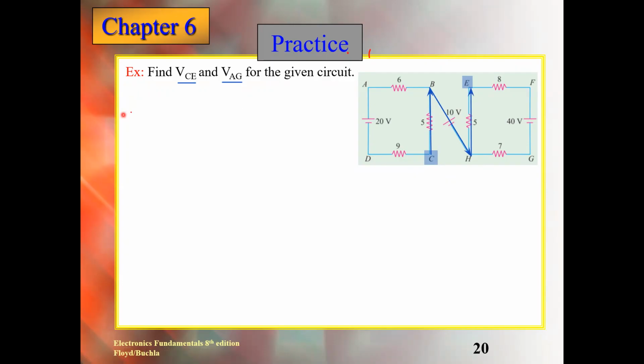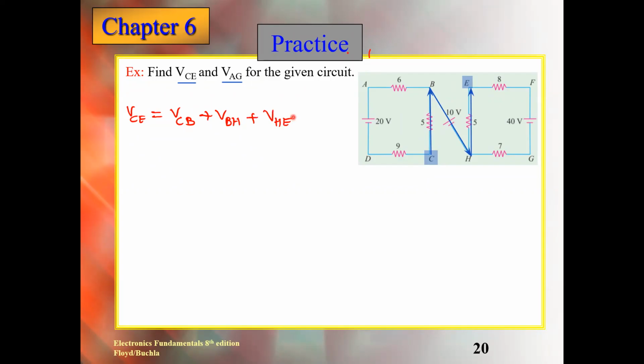I'm just splitting. What is the path to reach from C to E? Can I write VCB plus VBH plus VHE? This is the path.